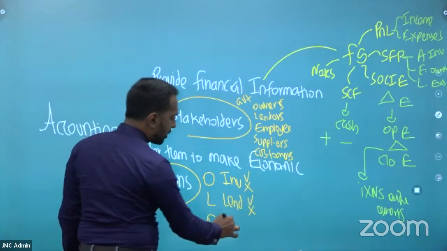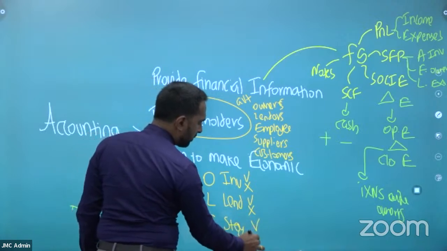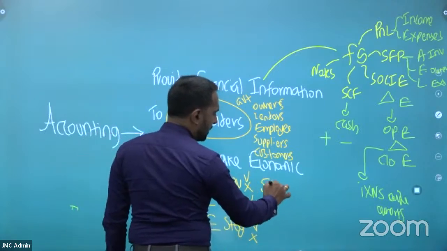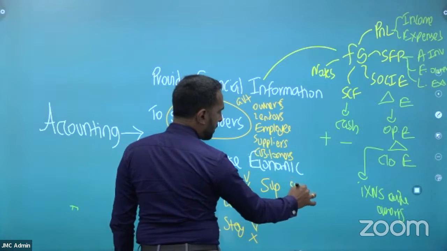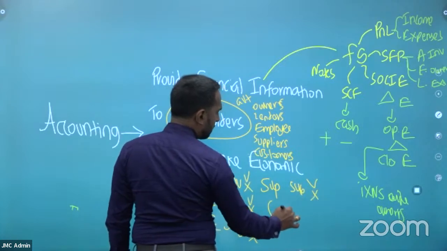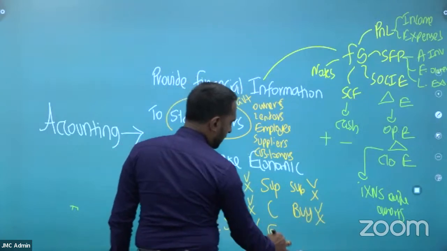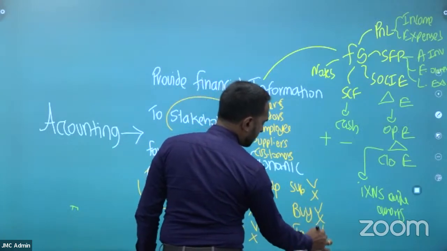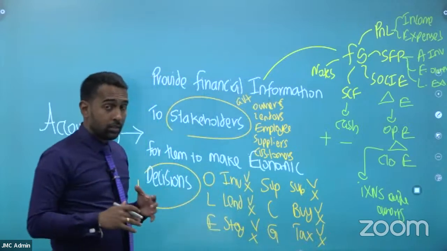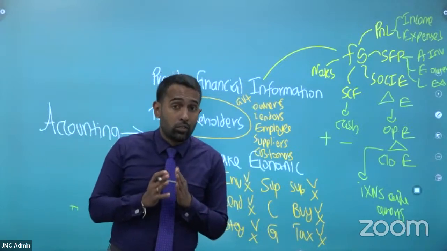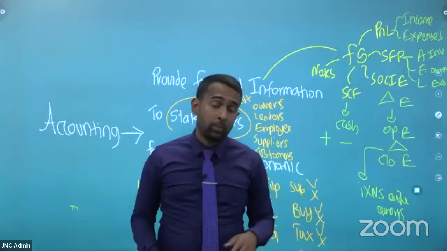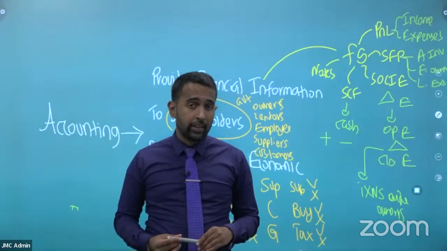Employees are deciding whether to stay or not. Suppliers are deciding whether to supply or not. Customers are deciding whether to buy or not. The government is deciding whether to tax or not. So there are a lot of very important decisions that these people want to take, right?